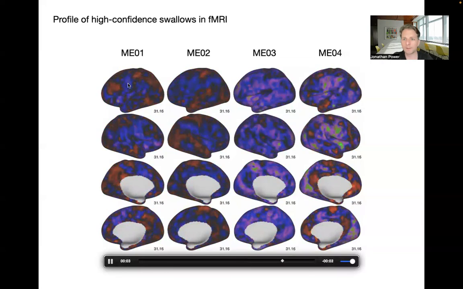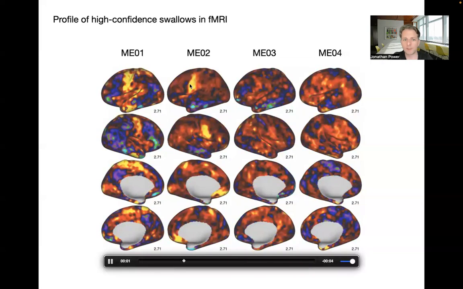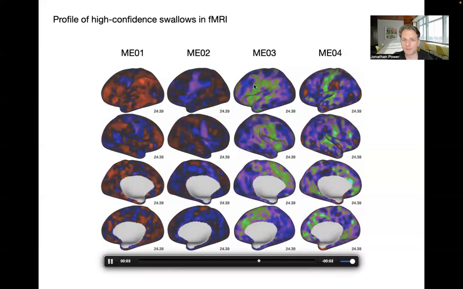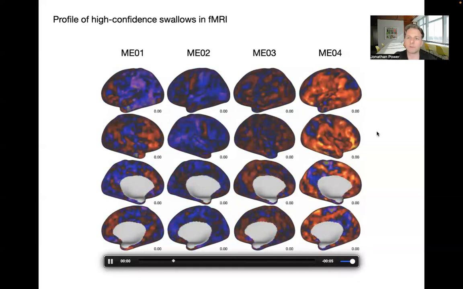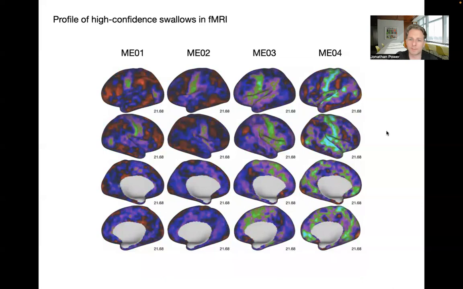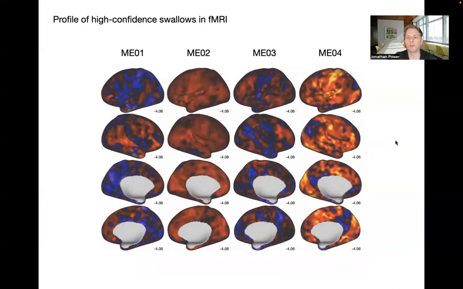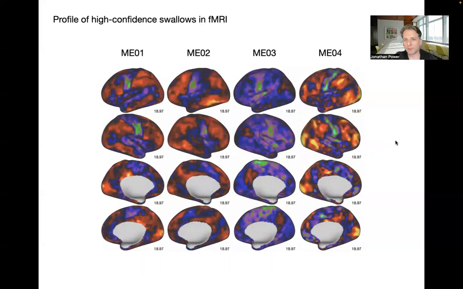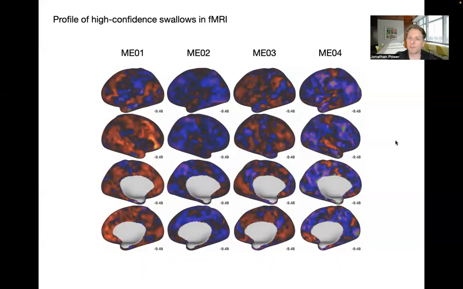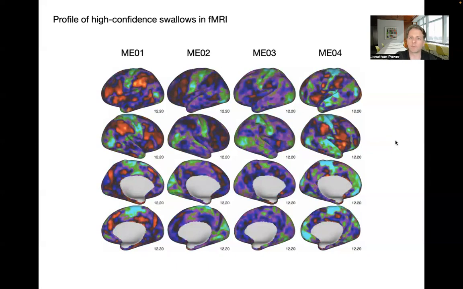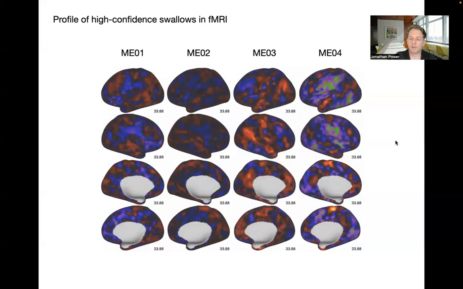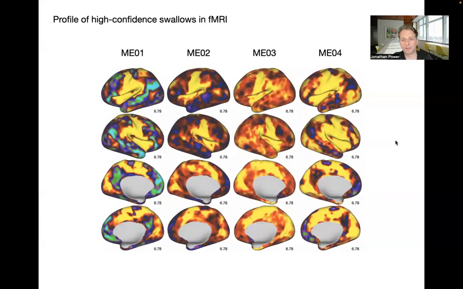Of course, there are other things that are activated as well, but that's the common element across all of these. So that is what a spontaneous swallow looks like in fMRI data. And so when you have few of these in a scan, it wouldn't matter very much. But if you have a whole lot of these in a scan, it might matter a fair amount for the kinds of variance that you're capturing in a scan and what you would describe as the connectivity profile of that scan.